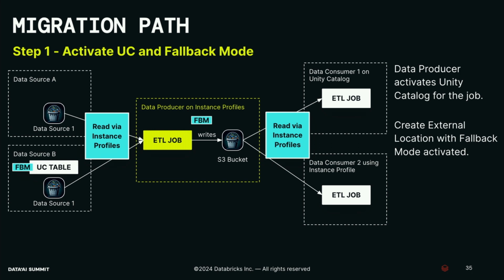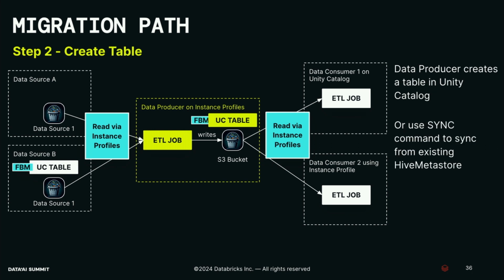You activate the fallback mode, and then you can also activate Unity Catalog for this table because everything stays as before. The next thing that you do is you create the Unity Catalog table, and because of this fallback mode, all the consumers still consume the data as before, but you can start using Unity Catalog as a data producer.